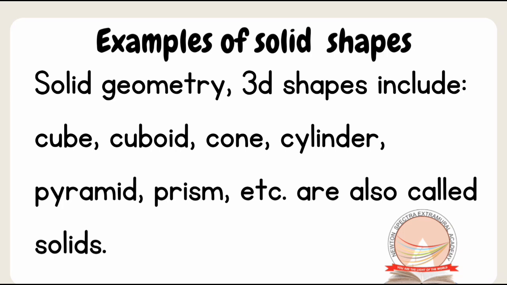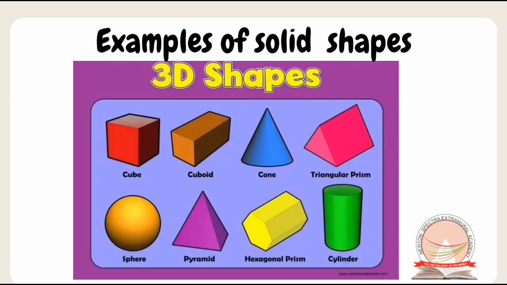Examples of solid shapes include cube, cuboid, cone, cylinder, pyramid, prism, etc. So this is the diagram of the 3D shapes that we talk about. We have cube, cuboid, cone, triangular prism, sphere, pyramid, hexagonal prism, cylinder. All these can be applied to our daily life objects.